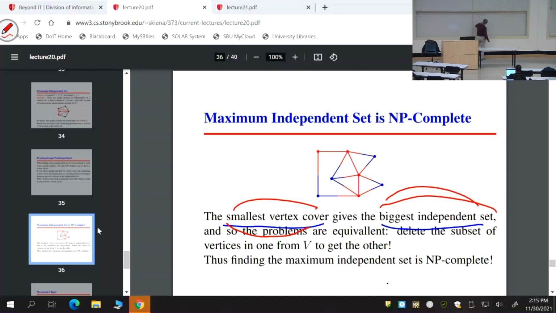And I call maximum independent set on G prime, K prime. Does everybody see that if there is a maximum independent set in this graph of size this, that meant that there is a vertex cover in this graph of this size?